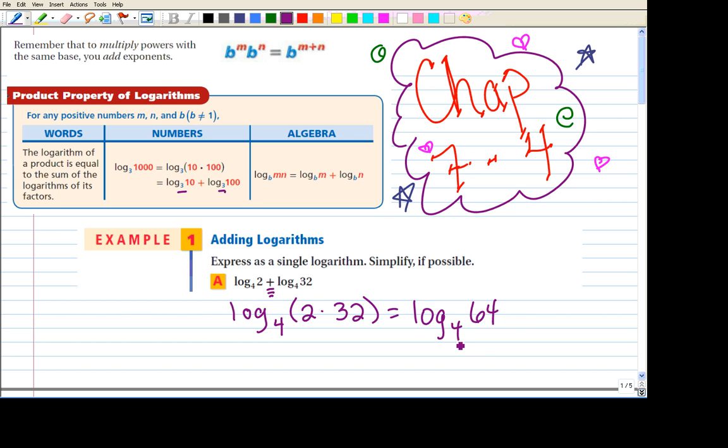And if I think, okay, 4 to what power gives me 64? Well, 4 to the third power is equal to 64. So log base 4 of 64 equals 3. And that would be the simplified expression.